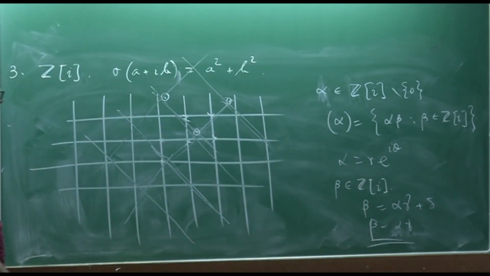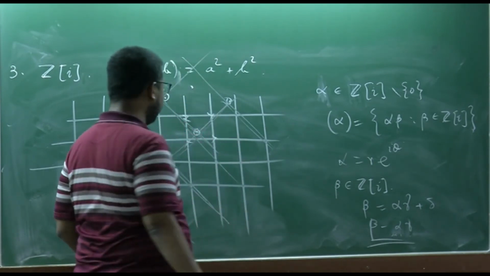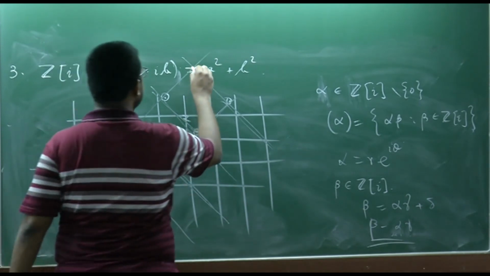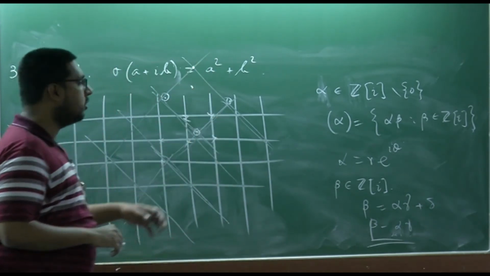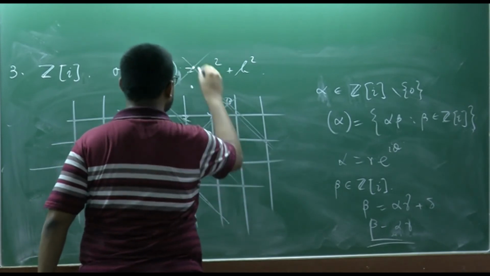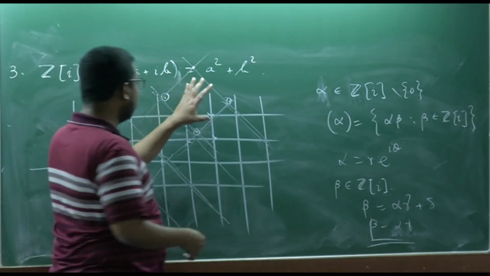Let us suppose beta is somewhere here. Given beta somewhere, it will be in one of these squares formed by translating alpha.